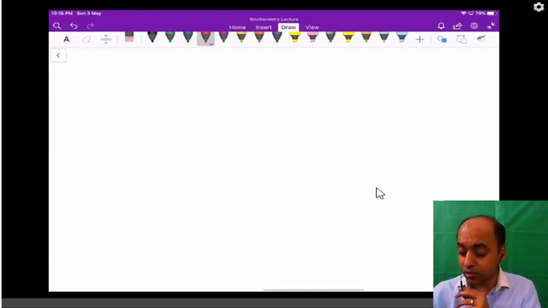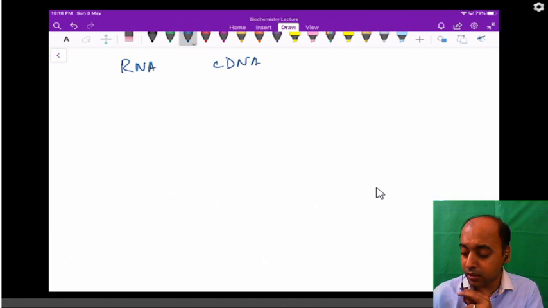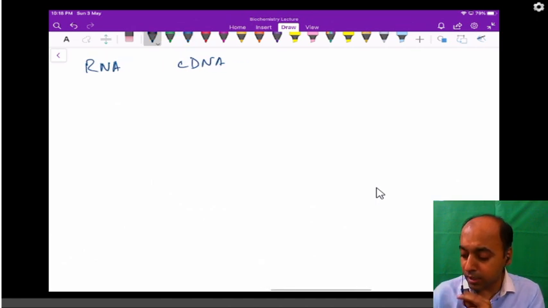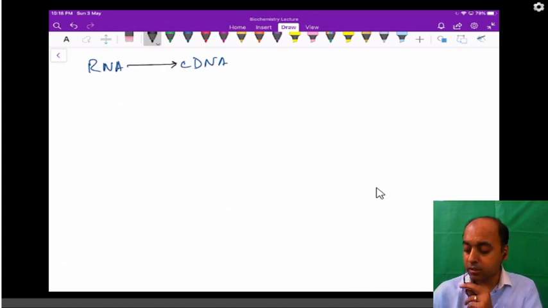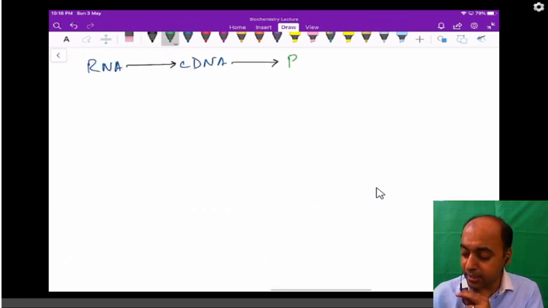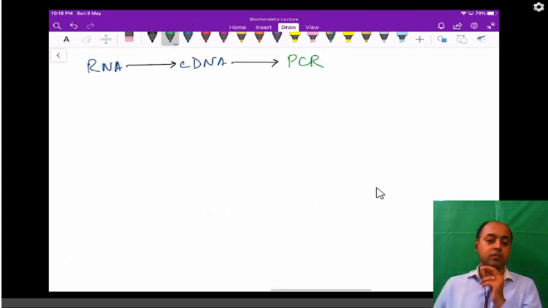For this, what we do is first convert the RNA into what is known as the complementary DNA. It is converted into complementary DNA, and the complementary DNA is then subjected to PCR.